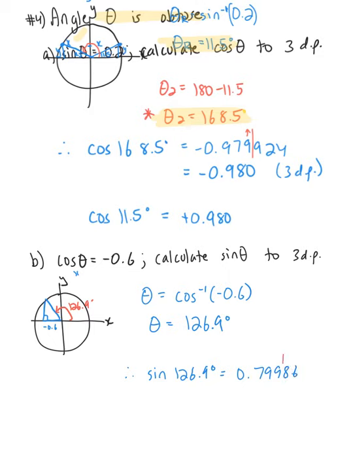So then round to 3 decimal places. This 8 bumps this 9 up to a 10, which will then bump this 9 up. So it's actually 0.800. And you should not be surprised that the sine ratio is positive because we know acute and obtuse angles, if you take the sine of those angles, are both positive.